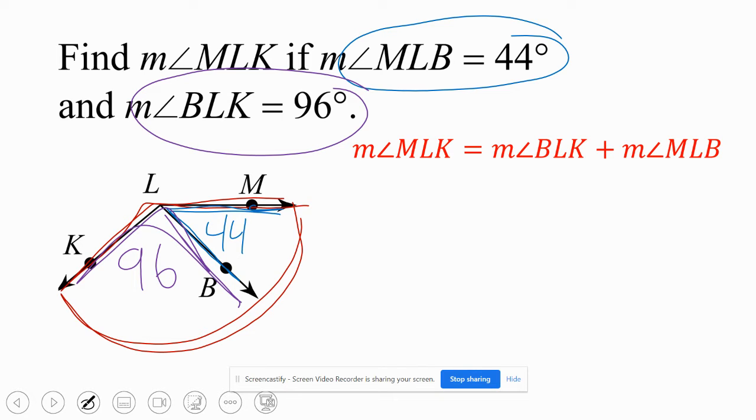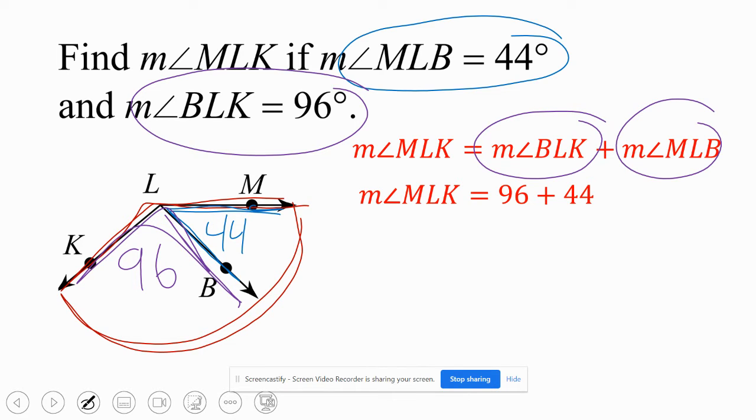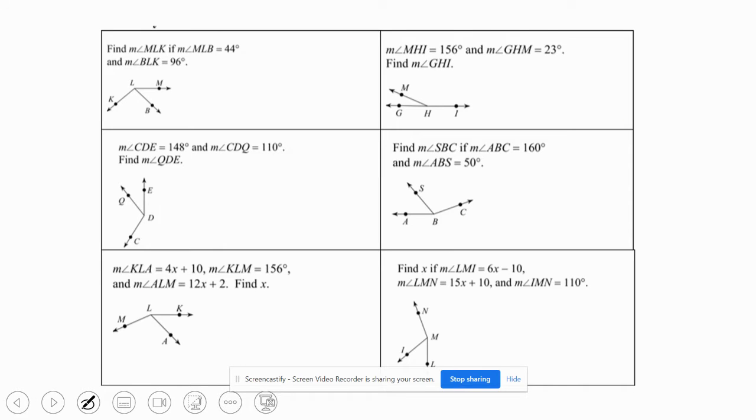So to get the whole thing, all we have to do is add the 2 little ones and they equal the whole thing. So 96 plus 44 is 140 degrees. So here, number 1, the measure of angle MLK is 140 degrees.